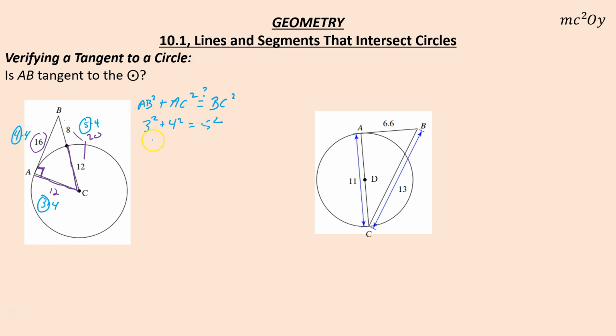So that would also mean that 12 squared plus 16 squared will equal 20 squared, just because you're multiplying each measure by 4. So it does work. So yes, AB is tangent.